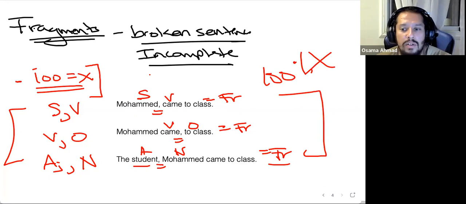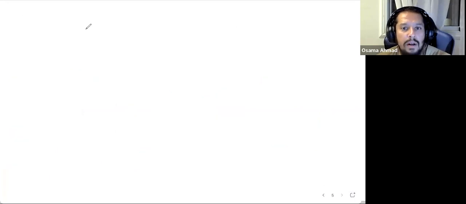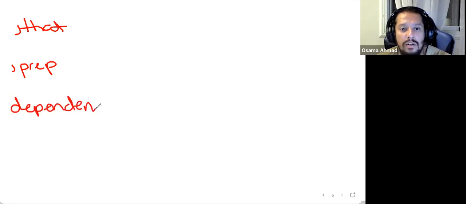How else can fragments appear? When we're dealing with comma that, when we're dealing with comma preposition, or when we're dealing with a dependent clause. These are three more types of fragments. Can we see some examples?